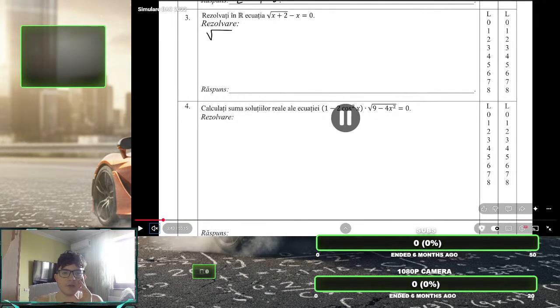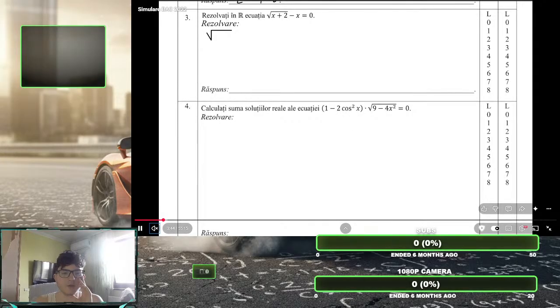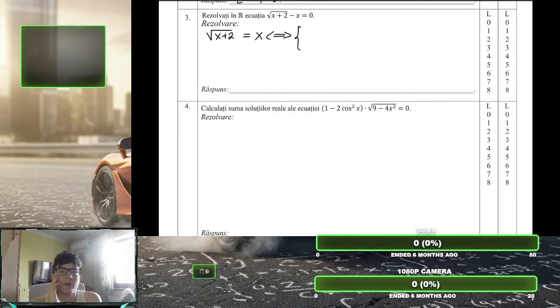Now this equation, we got the square root. I think under the square root we just put it bigger or equal to 0. So this guy didn't start with the domain, he started by moving the x to the right.